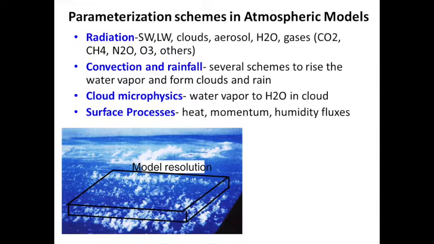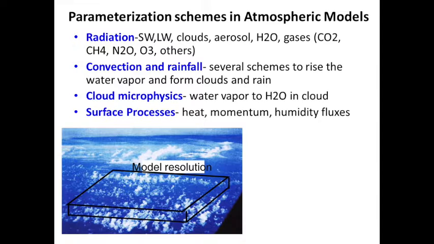We need to know the changes that happen inside the cloud, for example, changing water vapor to liquid water. What are these processes? And the surface processes that are very important in a model are everything that is coming from the land or the ocean to the atmosphere.